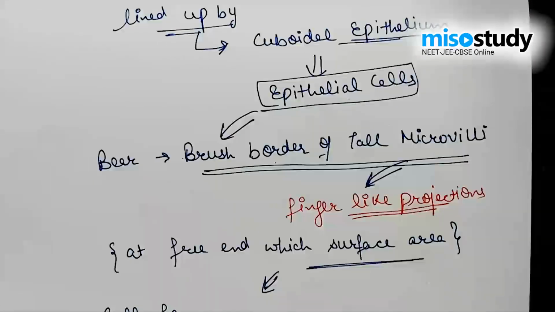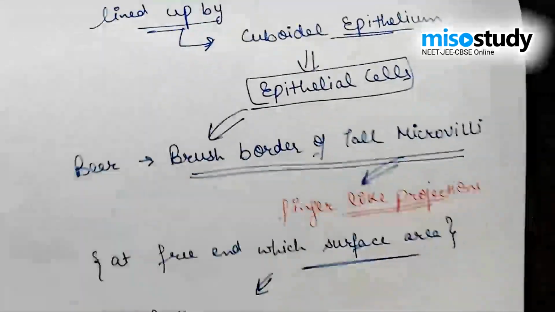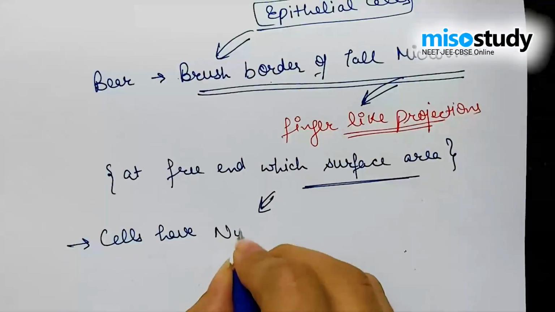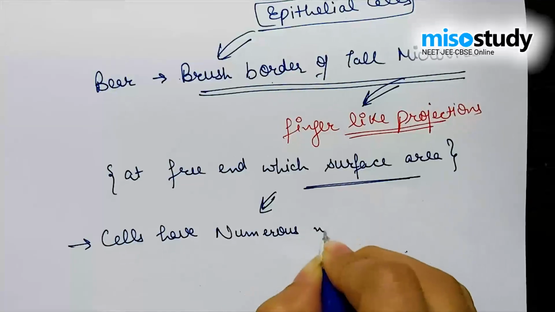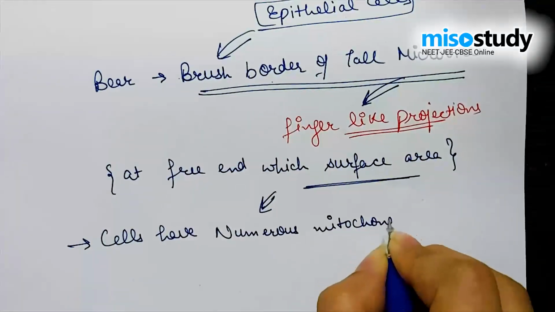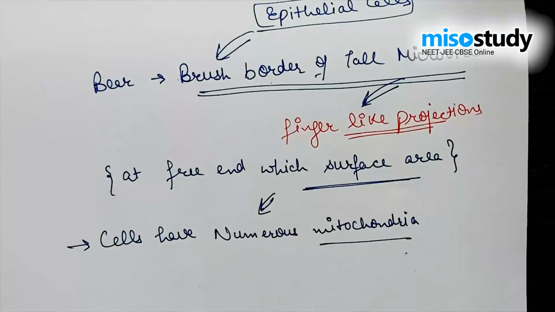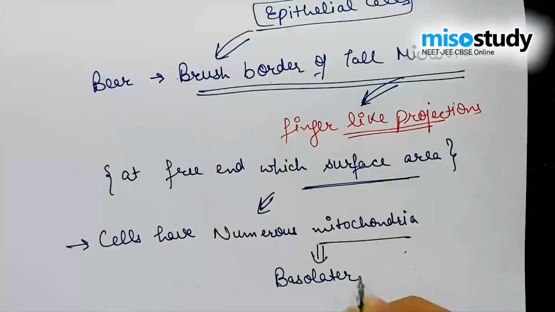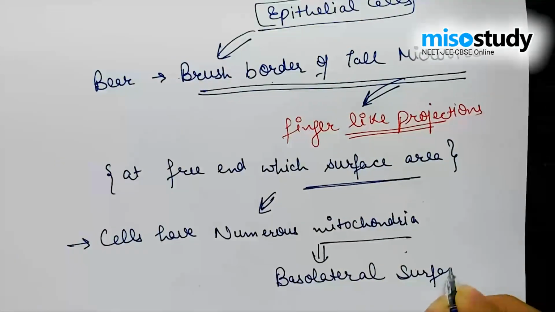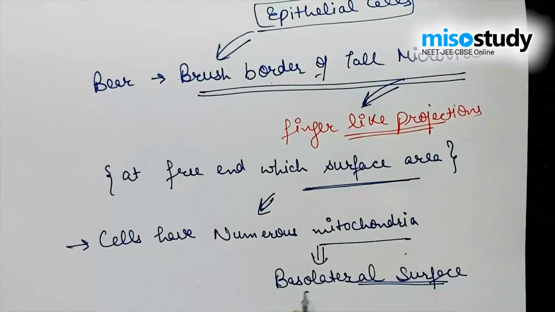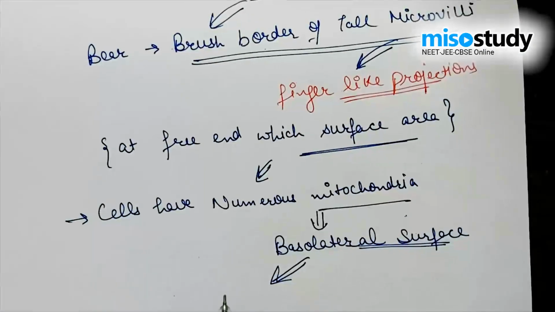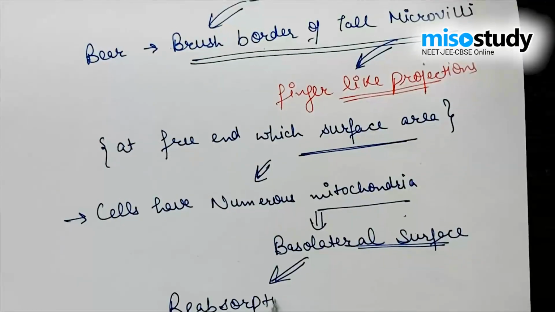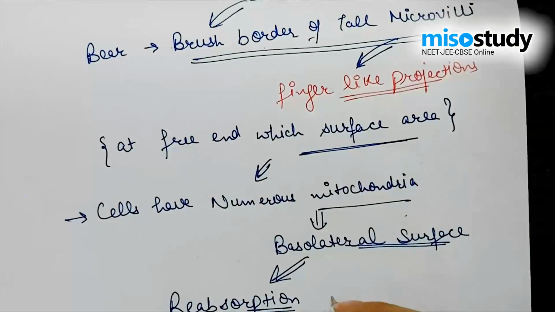These kinds of cells possess numerous mitochondria near the basolateral surface, which allows the reabsorption of salt.